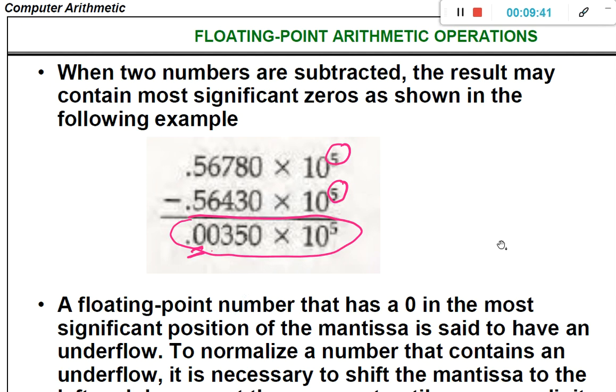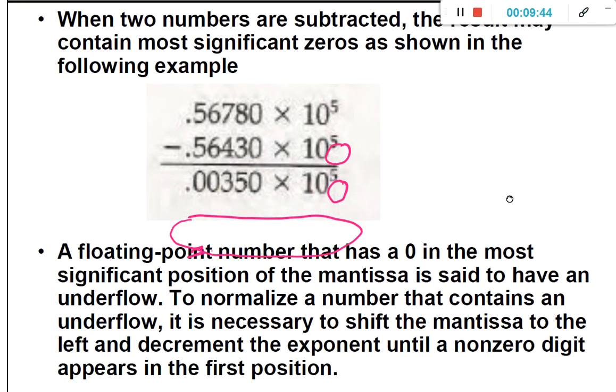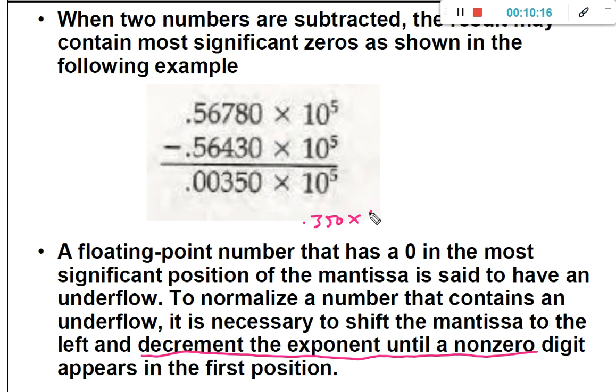To normalize the underflowed number, instead of shifting to the right side, we are going to shift the mantissa to the left side, and instead of incrementing the exponent, decrement the exponent until a non-zero digit appears in the first position. We are going to make it 0.350, and we are going to decrement the exponent to 10 cube.